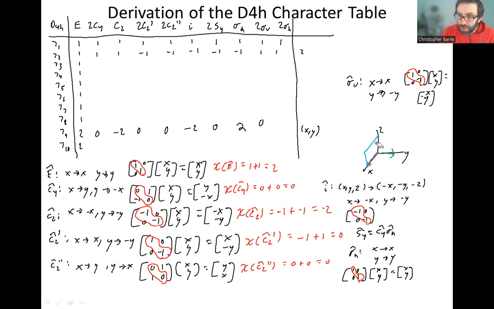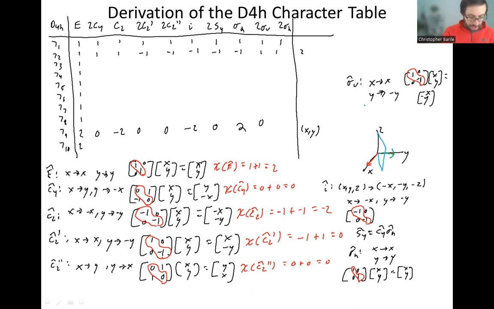All right, and then we have the last one, which is sigma d. And the sigma d was bisecting, remember. So look at this, both vectors are looking at each other in the mirror plane. They're both 45 degrees away from the mirror plane.